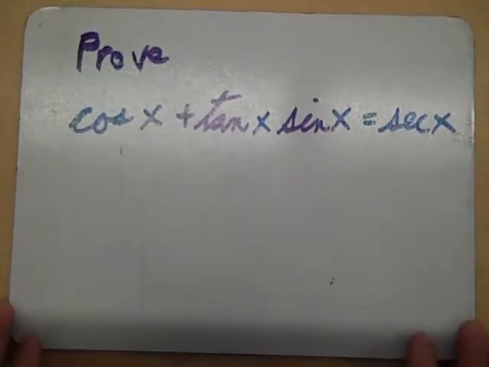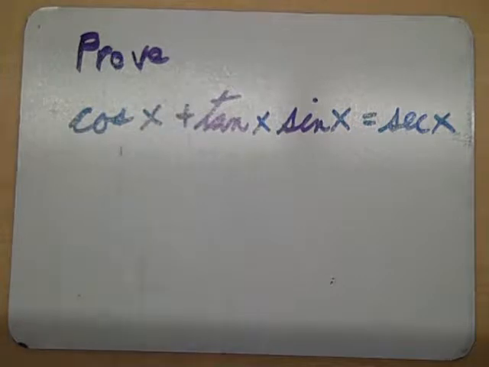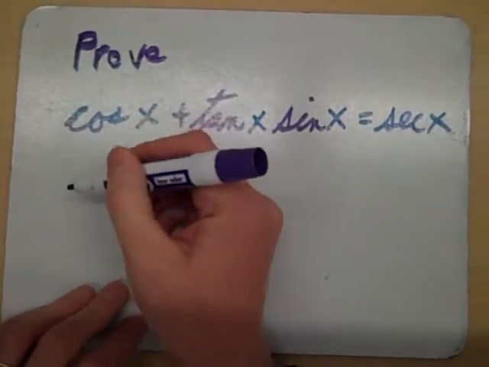Let's try this one. Prove that the cosine of x plus the tangent of x times sine of x equals secant of x. Alright, I'm going to work with this side a little bit.